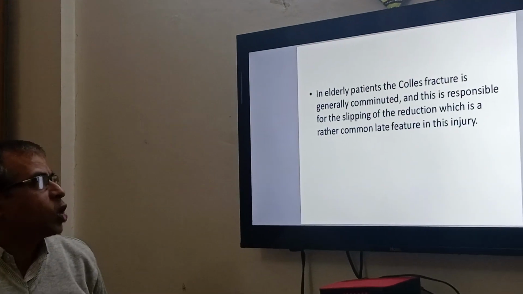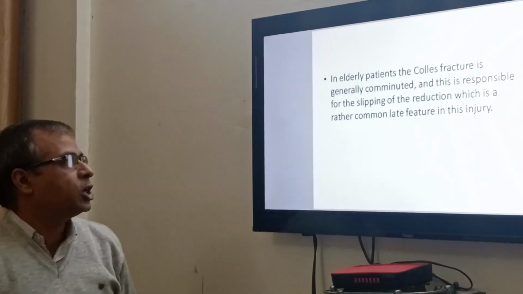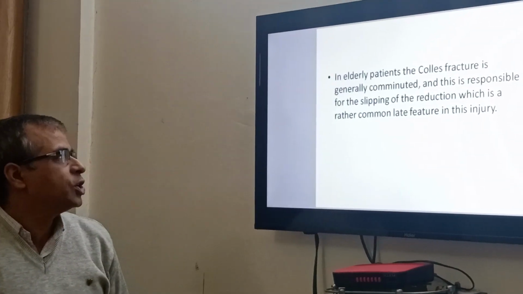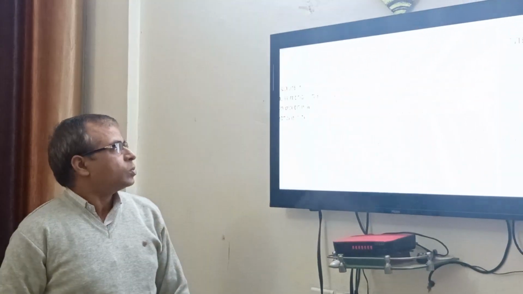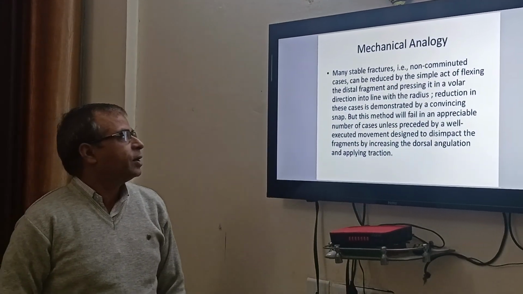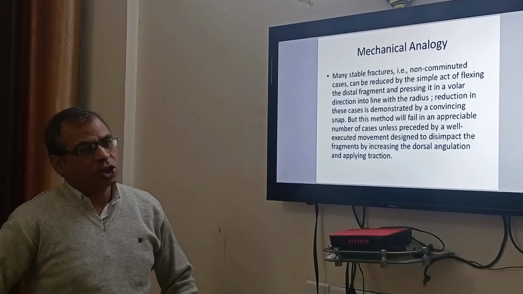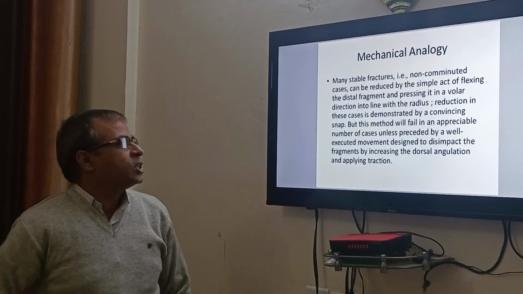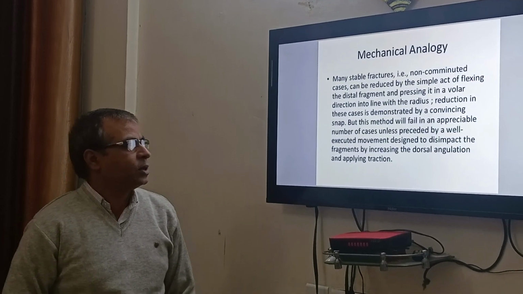Next please. In elderly patients, the Colles fracture is generally comminuted, and this is responsible for the slipping of the reduction, which is a rather common late complication in this injury. Many stable fractures, that is non-comminuted cases, can be reduced by the simple act of flexing the distal fragment and placing it in a volar direction into line with the radius.